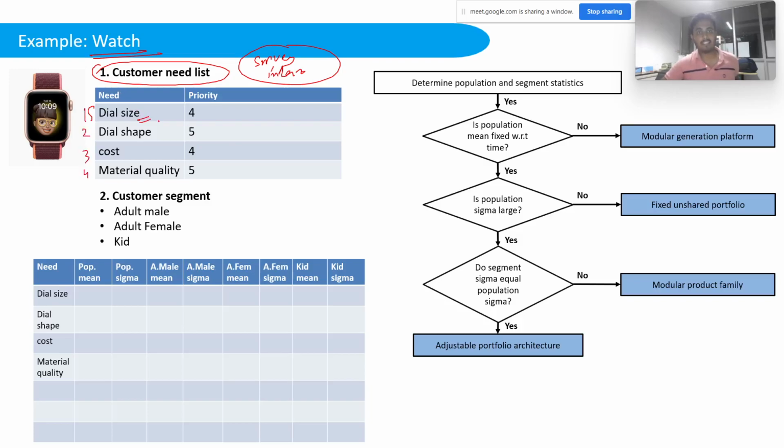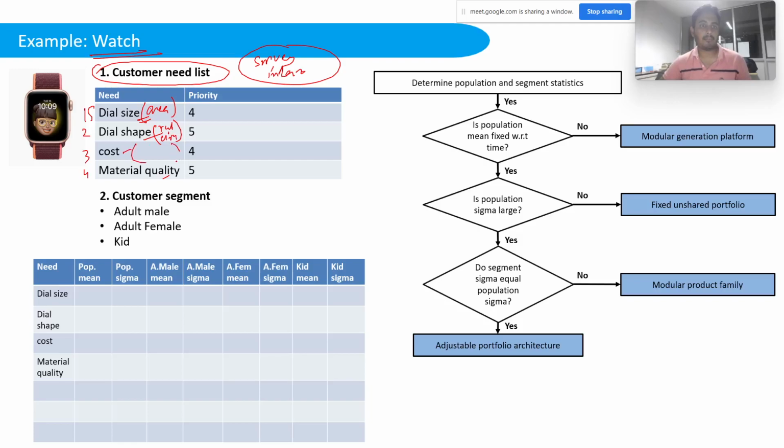One is dial size, one is dial shape, one is cost, and one is material. Size means area. When it needs to be converted into a specification, it needs to have a metric and a value. So it needs to be area, a value plus centimeter square, and shape can be qualitative, rectangular or circular.